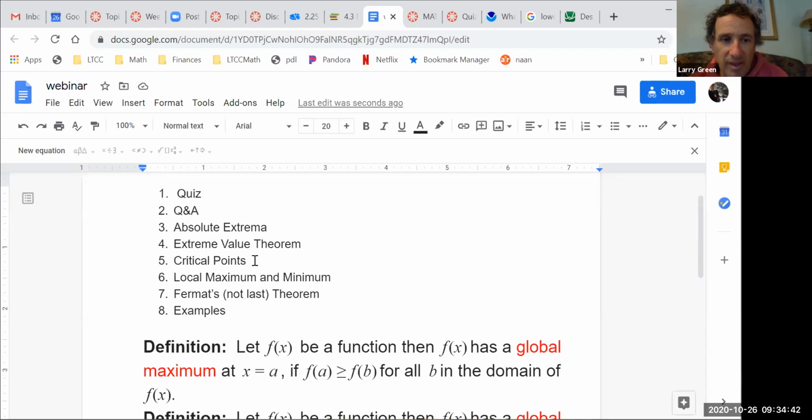Okay, the next thing I want to do is do critical points. So critical points are, when you think about the word critical, those are kind of the important ones. And if you want to look at the values of x where you have importance in this class, what things can be important? What things are critical for this class?